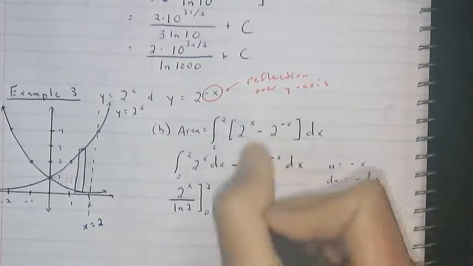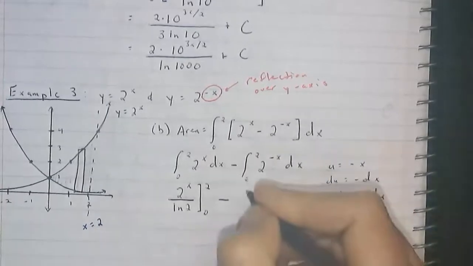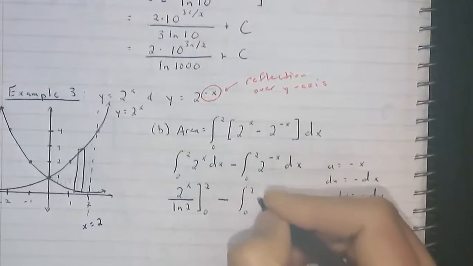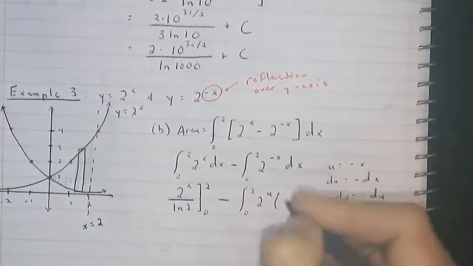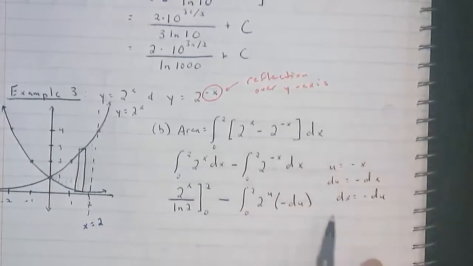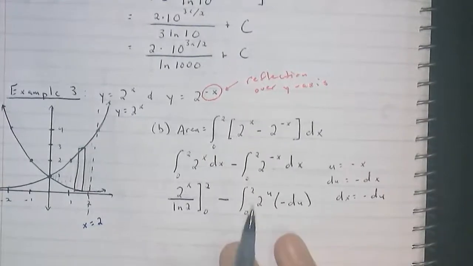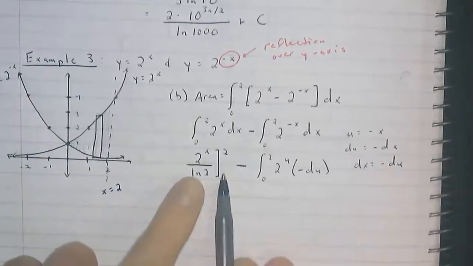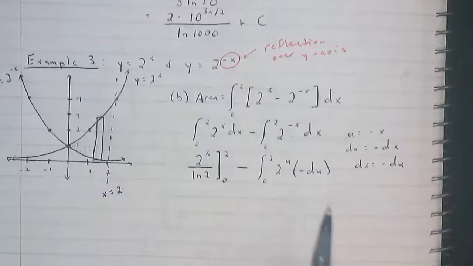And so this will become minus the integral from 0 to 2 of 2 to the u times negative du. We'll see what's happening here. This is going to turn into a sum. So kind of doing two things simultaneously. We'll start evaluating this guy and then integrate this guy.